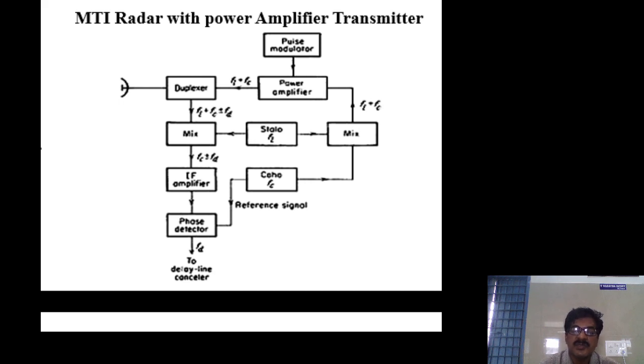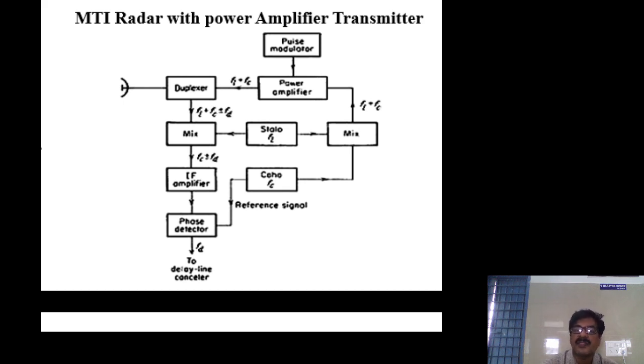Using the duplexer, only one antenna is enough for transmitting and receiving; no need to use two separate antennas. The duplexer determines when the antenna acts as a transmitter and when it acts as a receiver.